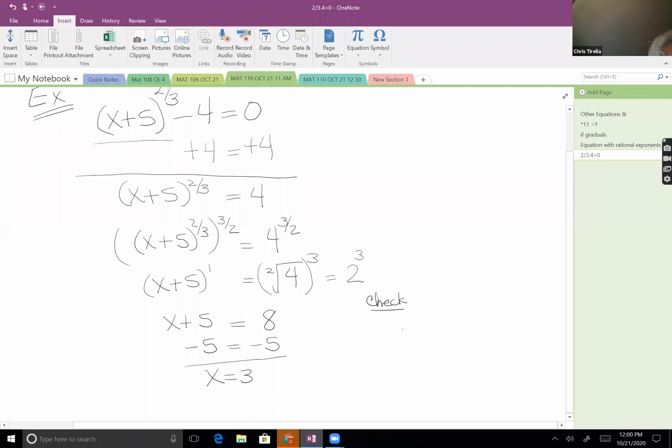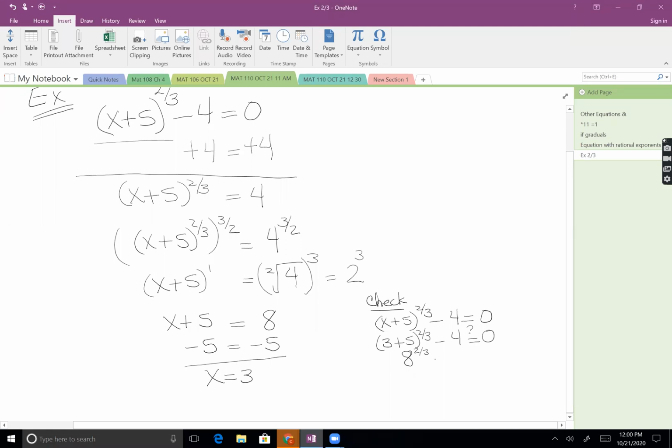So for my check, I have to go back to x plus 5 to the 2/3 minus 4 equals 0 and put in 3 for x. So just 3 plus 5 to the 2/3 minus 4 equals 0. 3 plus 5 is 8 to the 2/3.